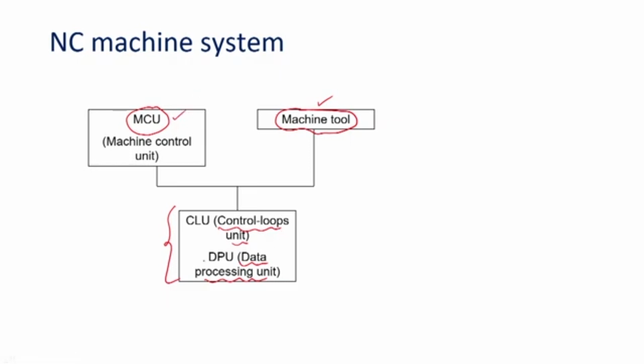The DPU, that is the data processing unit, is connected to the external environment with certain hardware. Earlier the hardware was the RS-232C port, but nowadays we can use flash drives to communicate or to feed the data to the CNC machine tool.